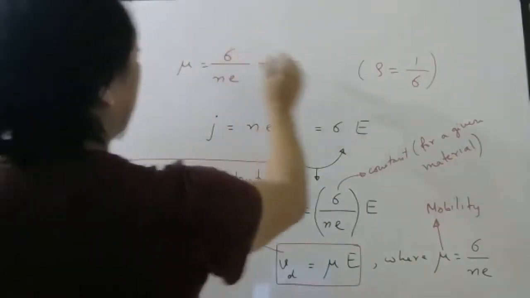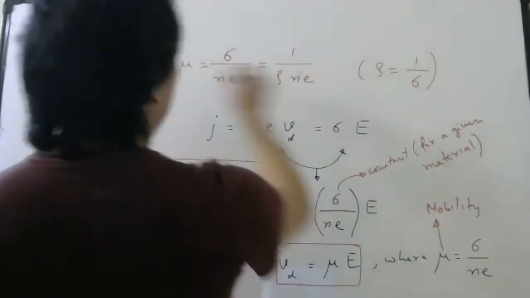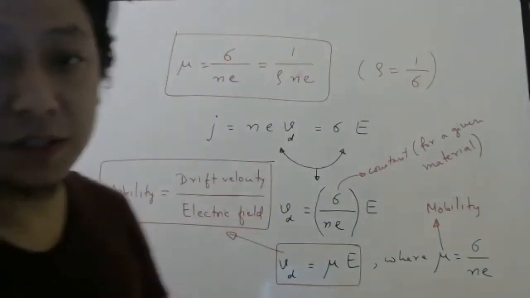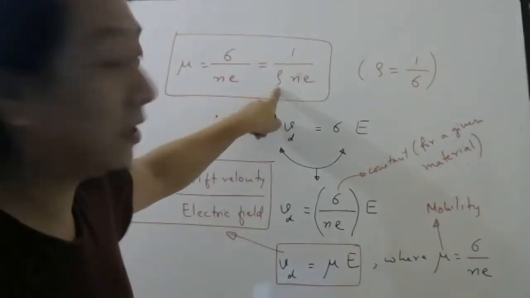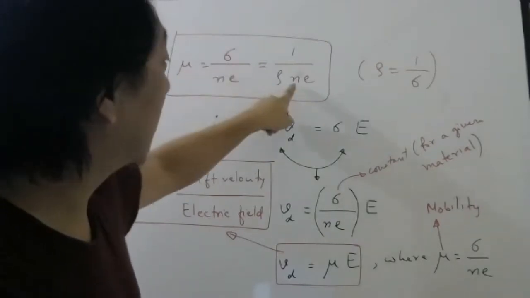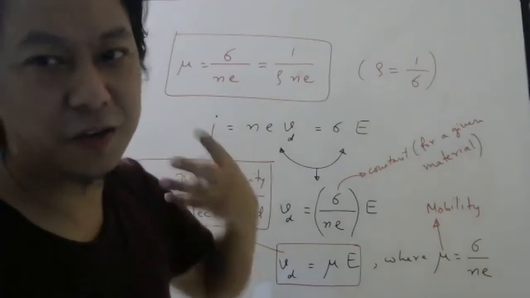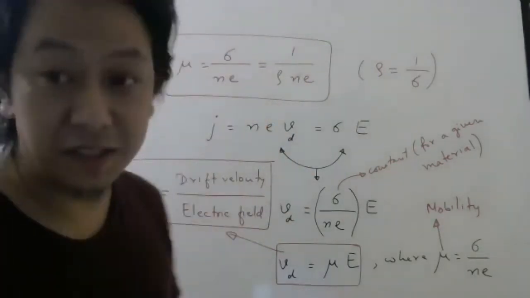So wherever there is conductivity, you can write 1 by resistivity. So this formula also you can use. In one of the JEE exams, I think last year only, they asked resistivity. They have given mobility, number density, and charge of electron. Charge of electron, though they will not give you, you should remember. So using this formula, you can find resistivity.